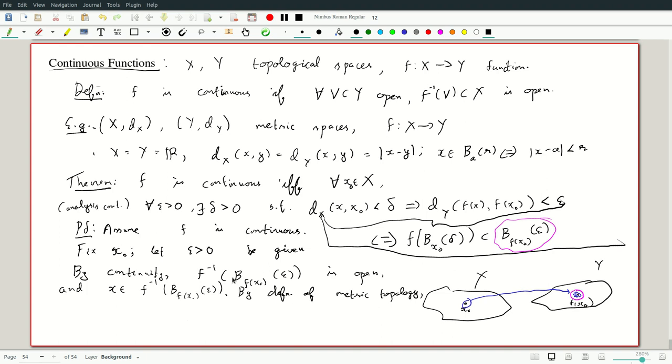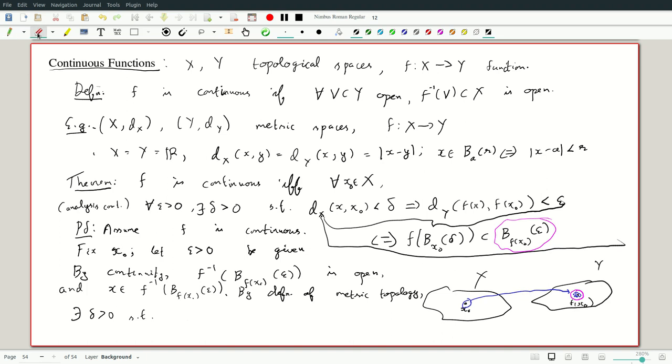what do we know? Well, we know the metric topology has a basis, which is balls. So there exists delta greater than 0 such that, a priori, it need not be a ball around x0.